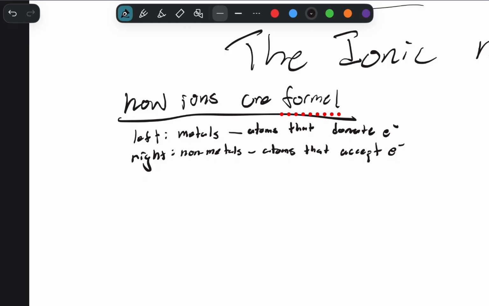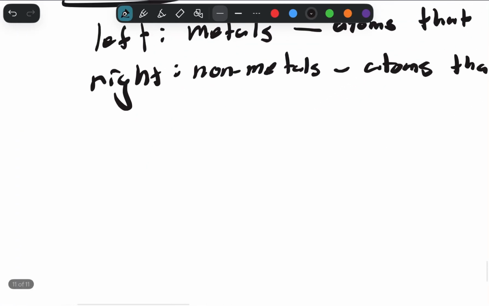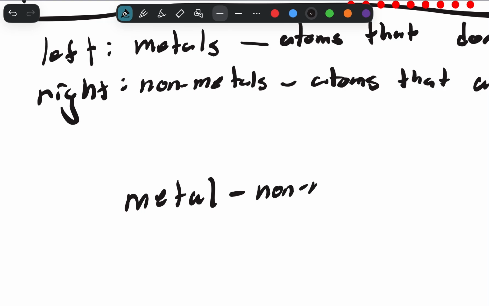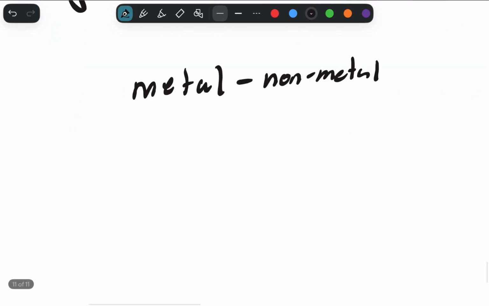But essentially, what happens in an ionic bond is that a metal bonds, let me write this better, bonds with a nonmetal. So let's take sodium and chlorine, Cl.